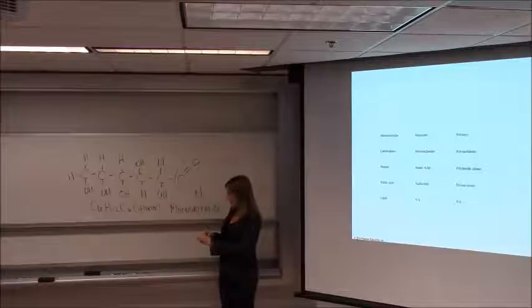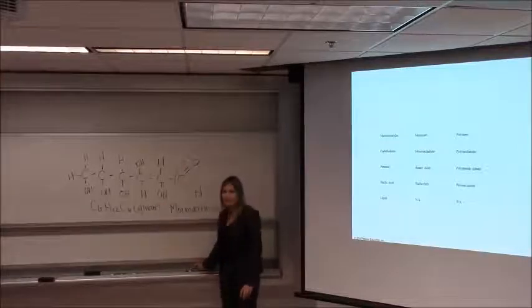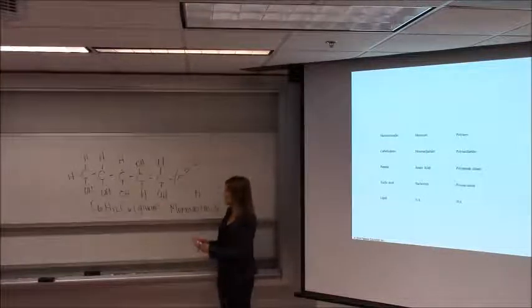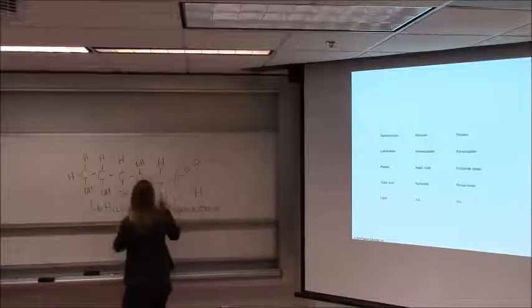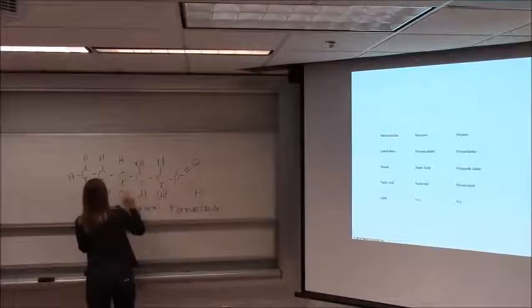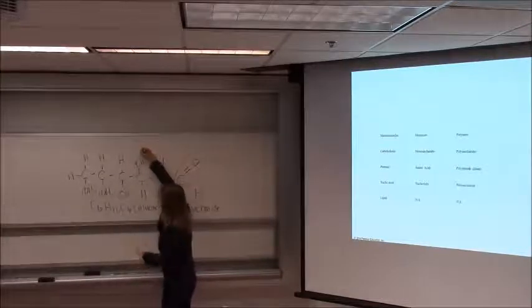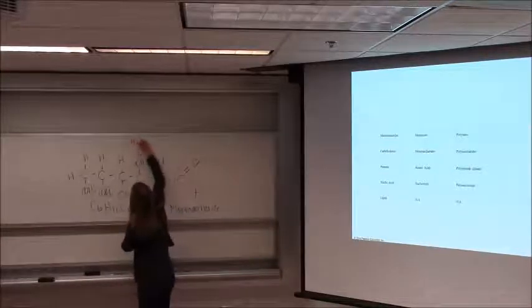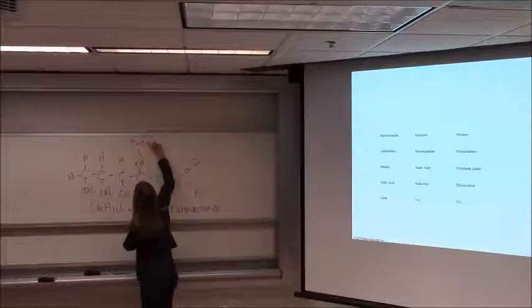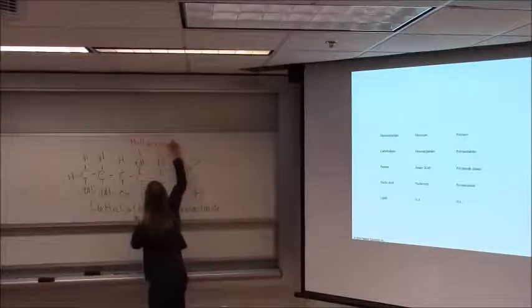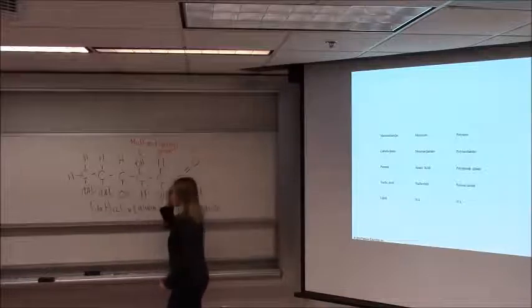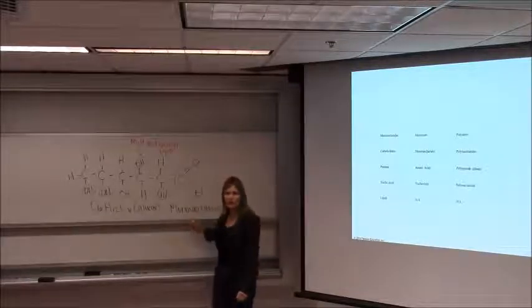We also have a second way to recognize this as being a carbohydrate, and that is that we have multiple hydroxyl groups. Remember, hydroxyl groups are the OH. So multiple hydroxyl groups combined with the carbonyl group are going to tell us that this is a carbohydrate.